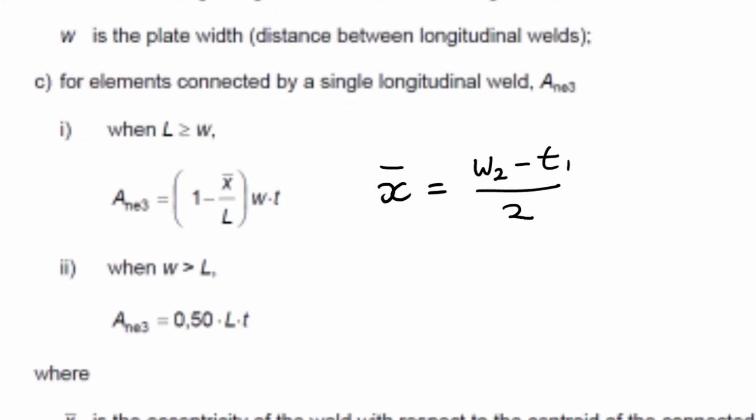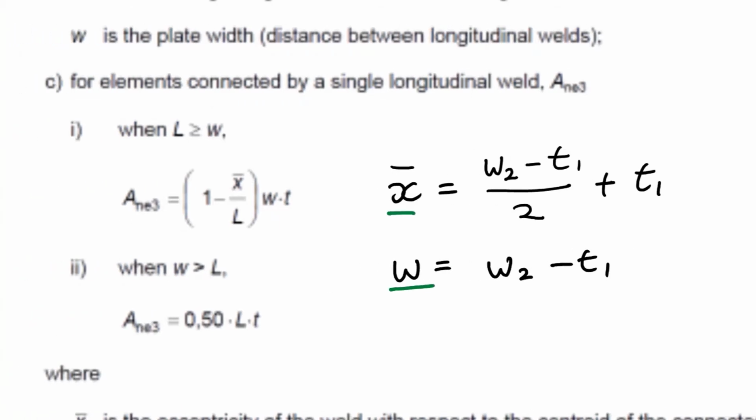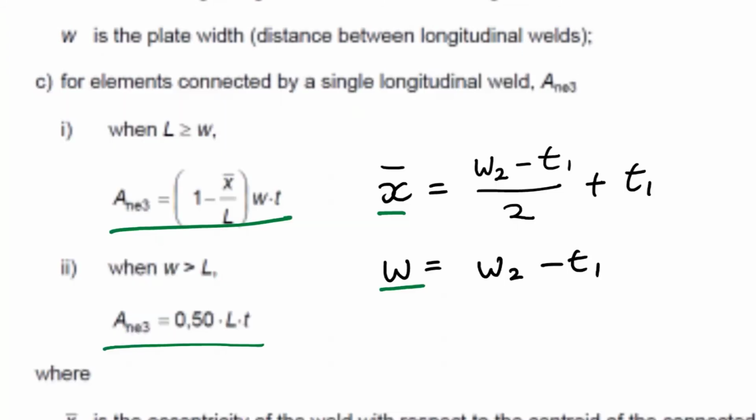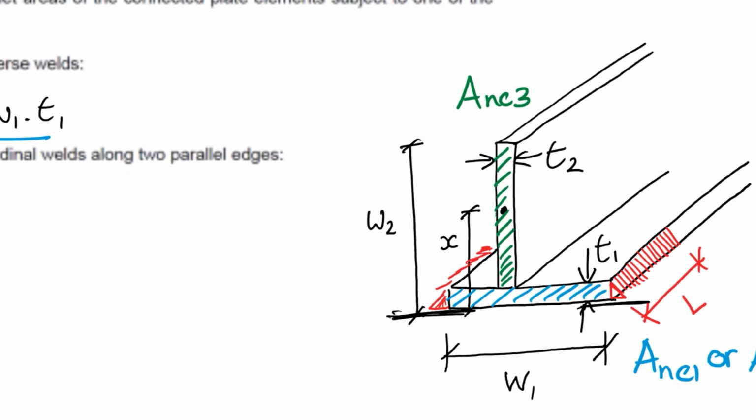So that's half the height of that green area plus T1. And so that gives you the X bar, the distance from the connected plate to the middle of the green area. And so the W value you use here is W2 minus T1, because we're dealing with these green areas. And so this will give you that green area, plus or minus a bit more depending on the length of the weld, adjusting for shear lag.